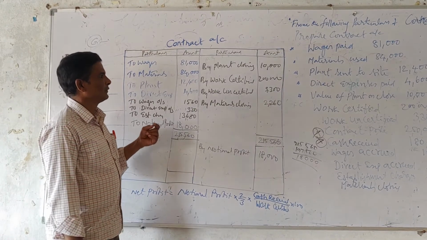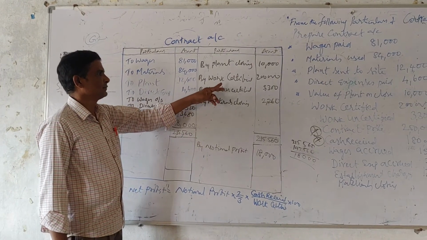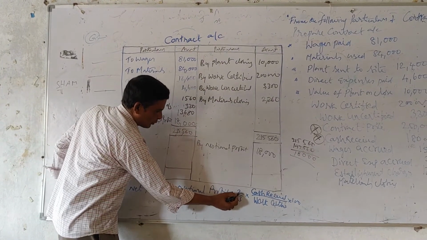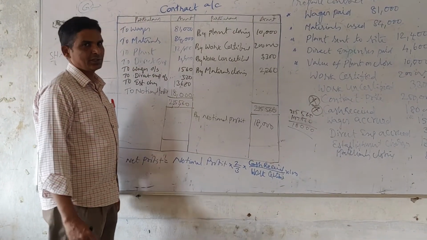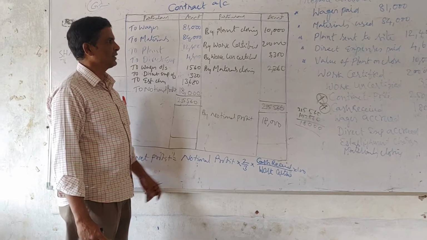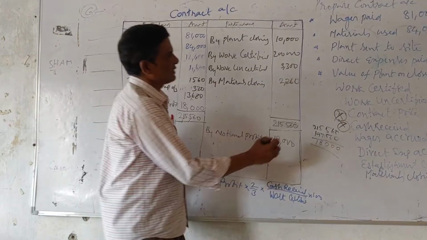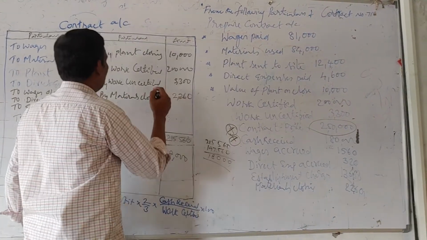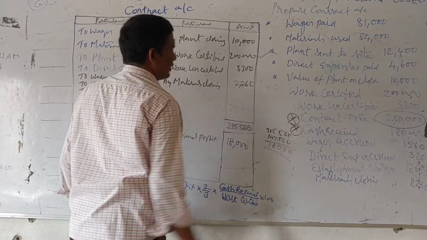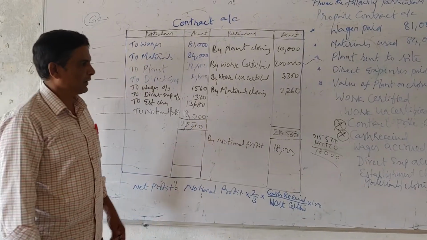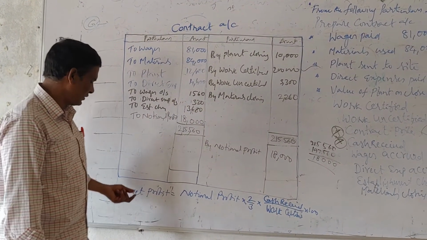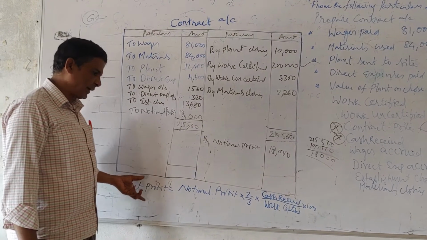When work certified is less than 50%, instead of 2 by 3, 1 by 3 is used. What is the contract price here? Contract price is 2,50,000, and work certified is 2 lakhs. As work certified is more than 50% of the contract price, net profit is transferred by this formula.